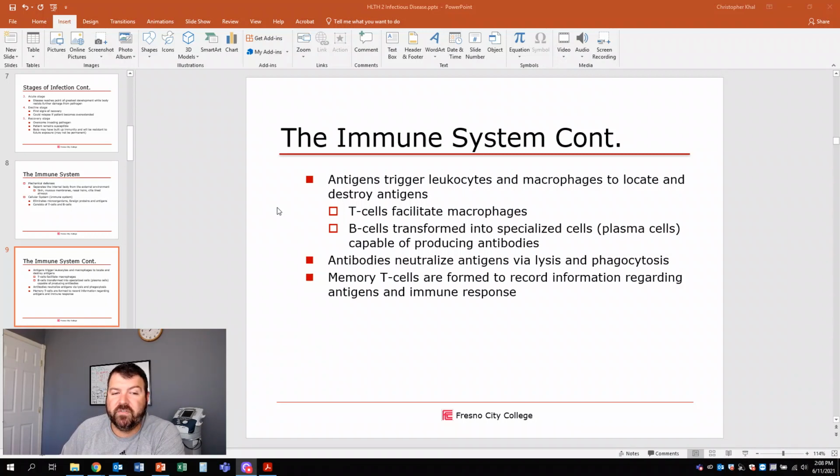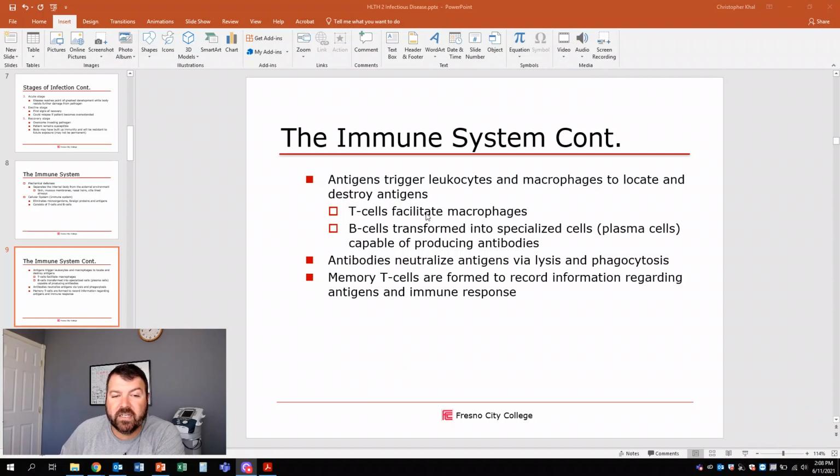T cells facilitate the macrophages, and the B cells transform into specialized cells capable of producing antibodies. Antibodies neutralize antigens via lysis and phagocytosis. And then the memory T cells are formed to record information regarding antigens and immune response.